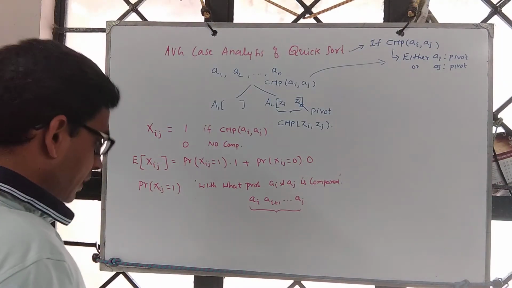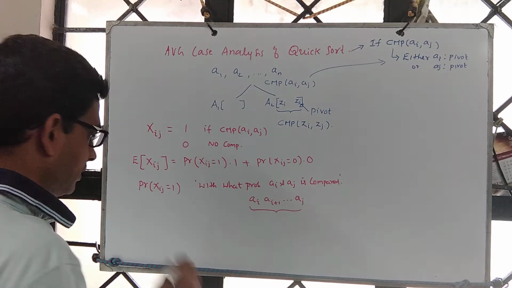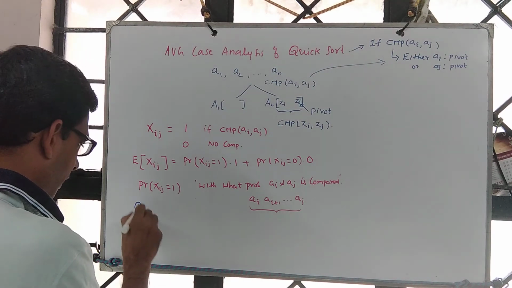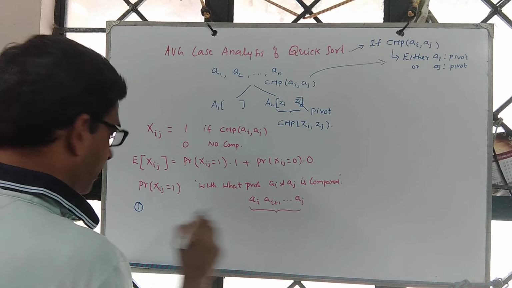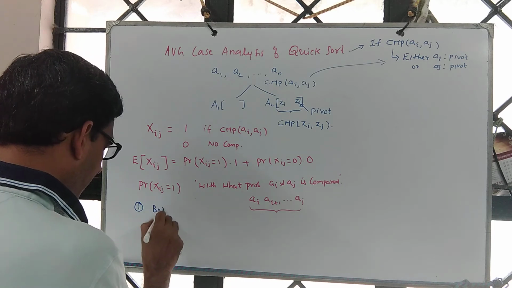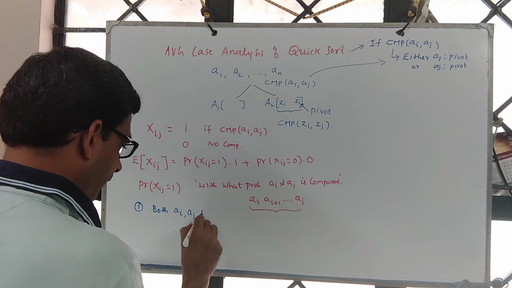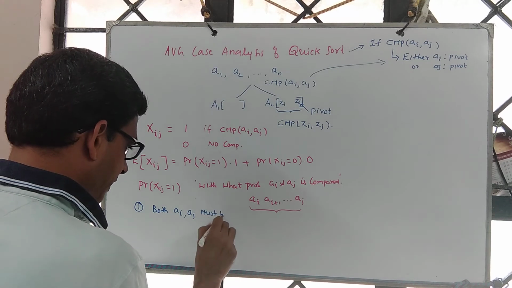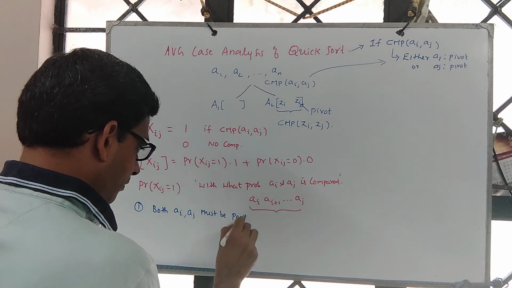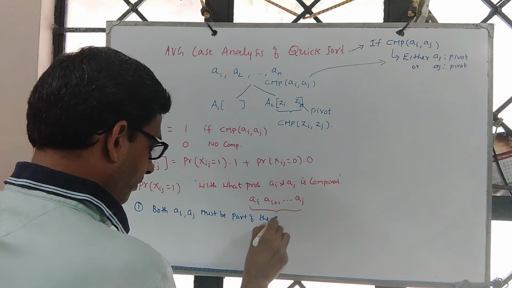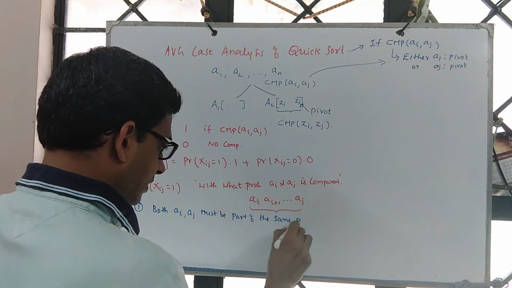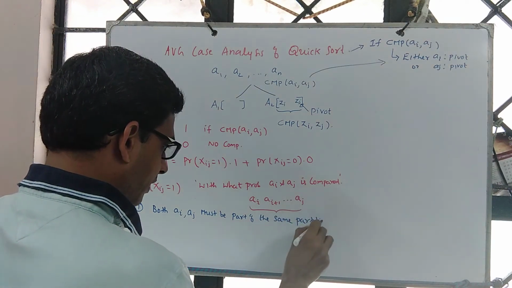Okay, there are a couple of things to note at this place. First thing is both Ai and Aj must be part of the same partition, otherwise comparison will not take place.